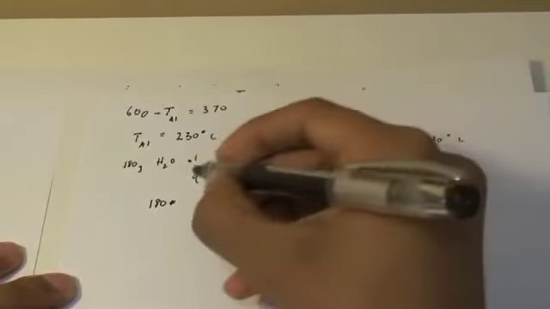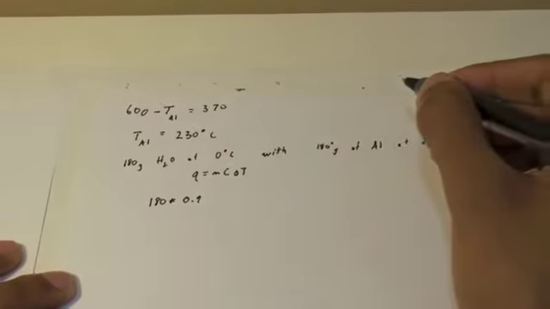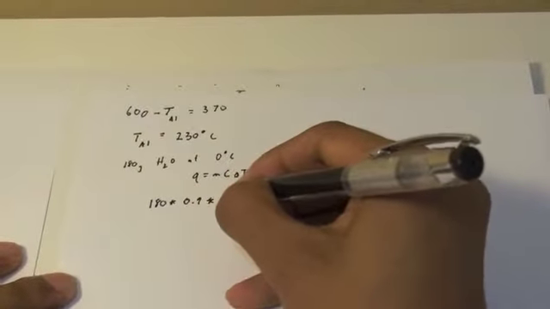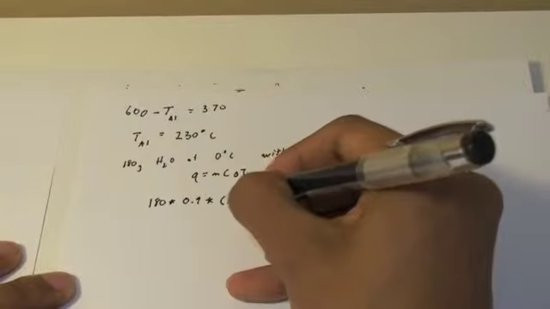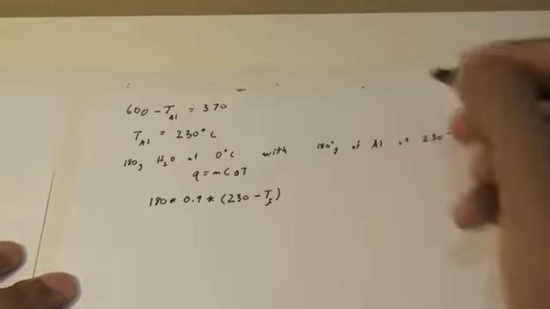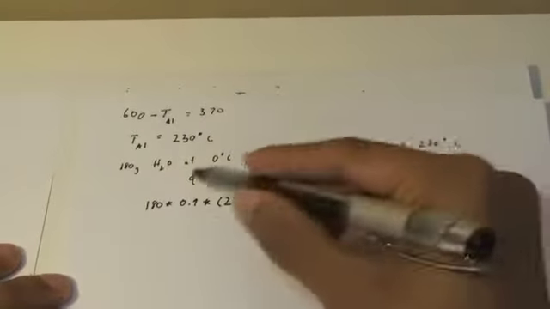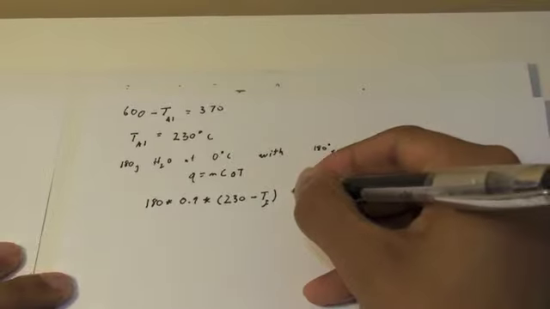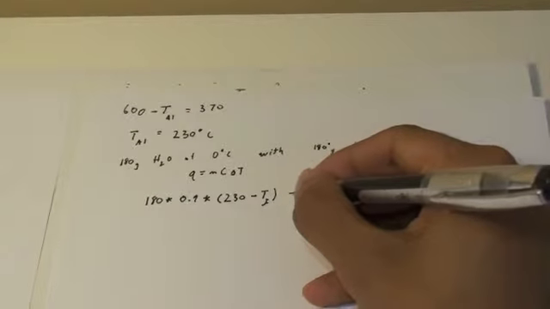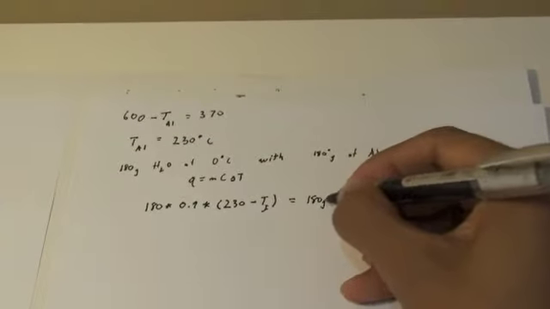So it has 180 grams, multiply that by 0.9, which is the specific heat capacity, multiply that by 230 minus the final temperature of whatever this system is going to be. That's how much energy the aluminum loses. Well, whatever the aluminum loses, the water gains. So let's look at what the energy of the water will be.